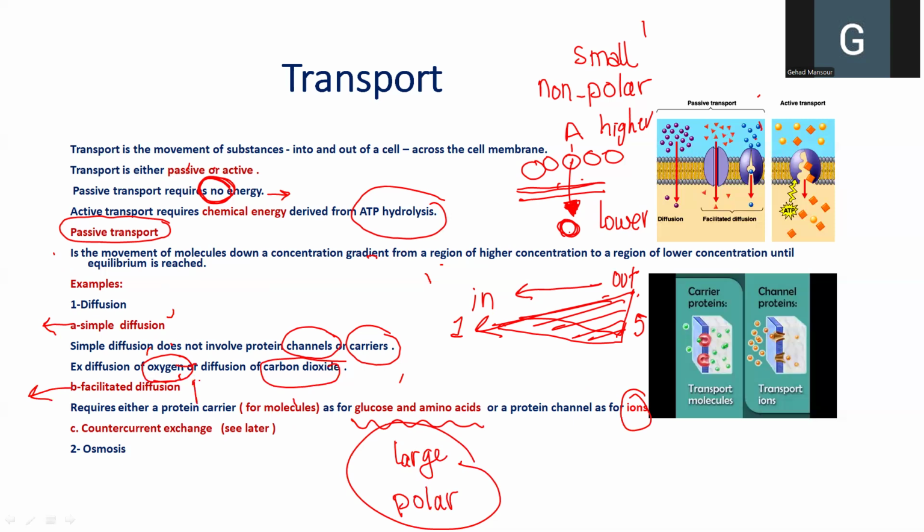Again, facilitated diffusion, although it needs a protein carrier or a protein channel, is still passive diffusion. Why is it passive diffusion? Because it requires no energy, although it requires carriers and channels. So let's say it again.